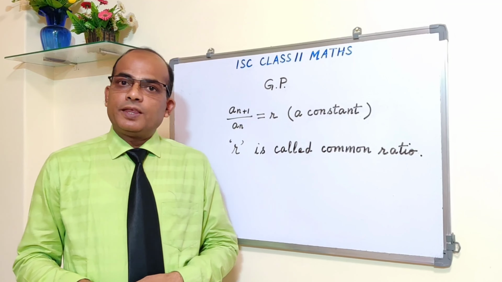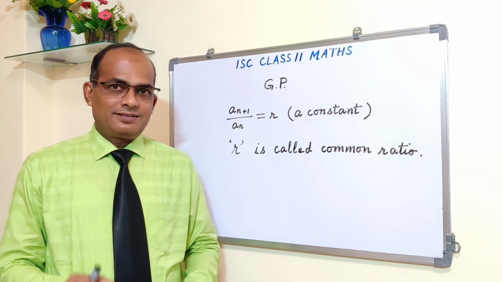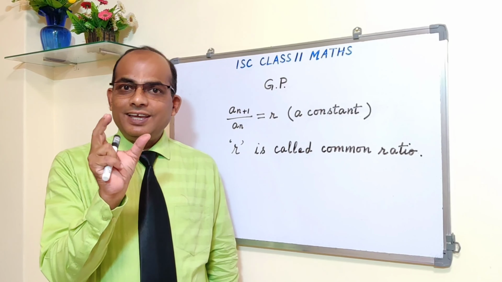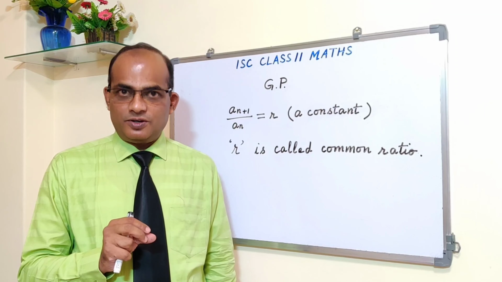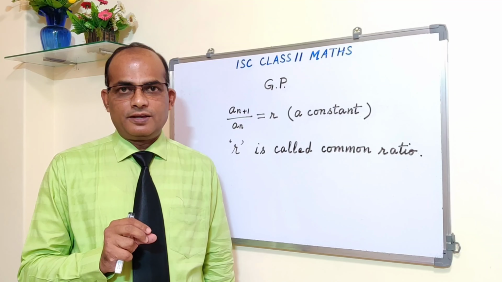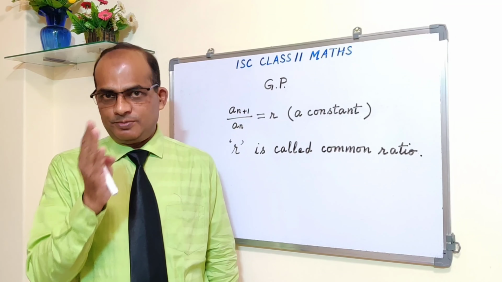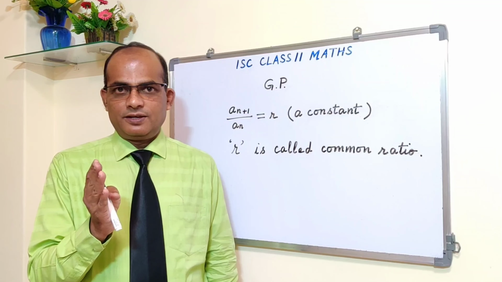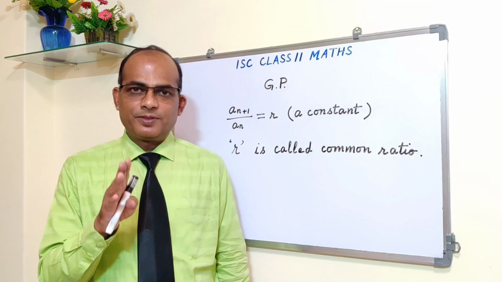In the arithmetic progression, we saw that the difference between any two consecutive terms is a constant. See the difference between the arithmetic progression and the geometric progression. See the comparative study that will help you to understand.